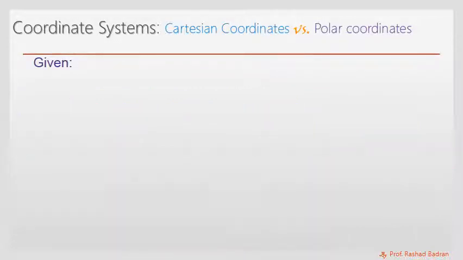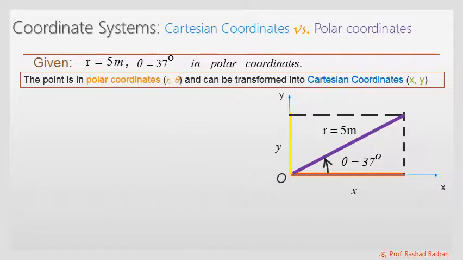Now, what if the point is given in polar coordinate system as r equal 5 meters and theta equal 37 degrees? How can we get the point in Cartesian coordinate?